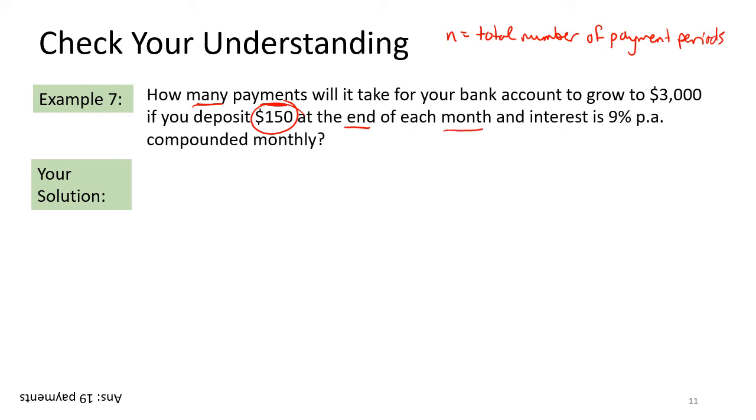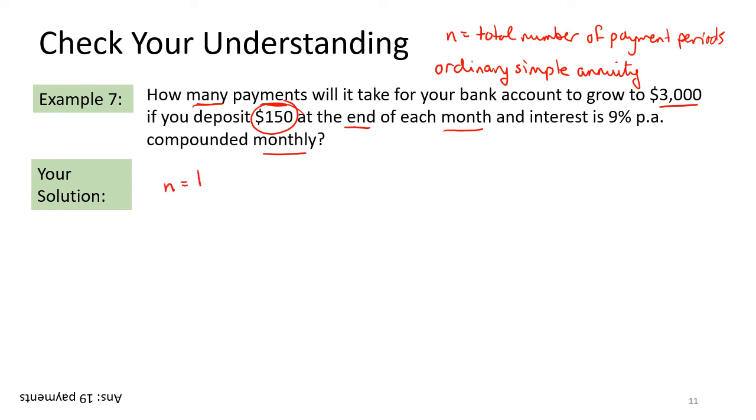All right? So first thing to keep in mind, you're depositing at the end of the month. So monthly, monthly, and the end of the month. So this is an ordinary simple annuity. And we're trying to get it to grow to $3,000, meaning it's a future value. So you have to use the formula for n that involves future value.